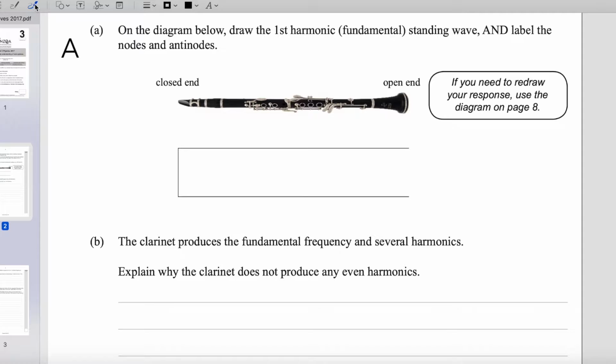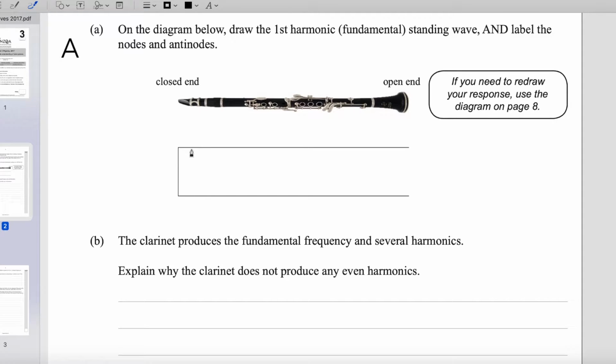Alright, so this is pretty standard. If you've forgotten what a fundamental standing wave looks like for an open-closed pipe, which is evident with the open and closed end, as it tells you, it just looks like this. This is a very wobbly version of it. There.